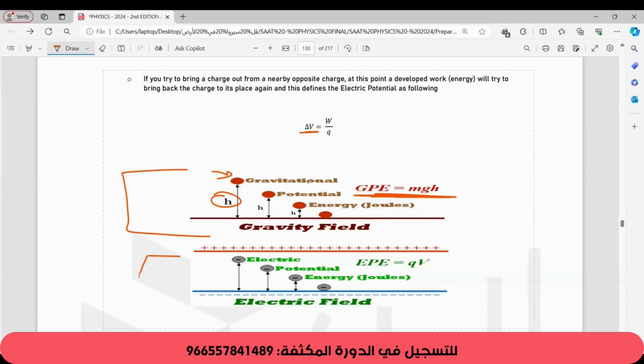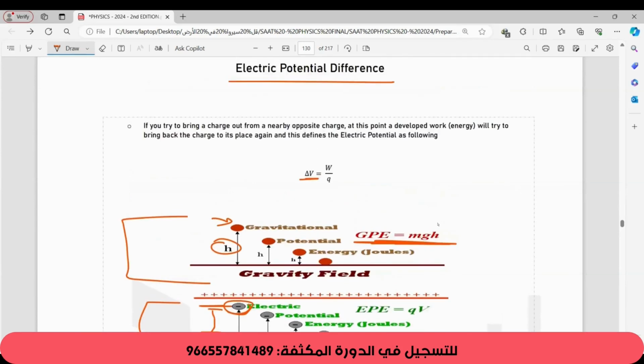Also there, we have the difference between a reference that we put for the electric field and the charge. This difference will make the charge store energy, and we call this the electric potential difference. As we have greater potential difference, it means more energy is stored inside the charge.